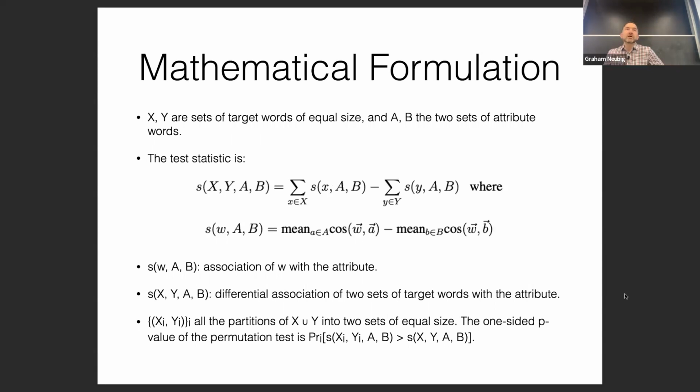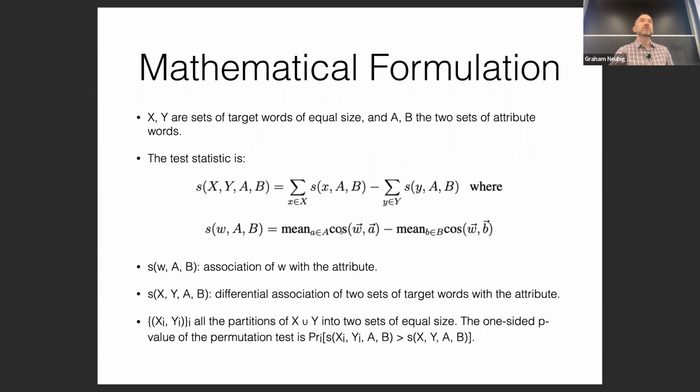The mathematical formulation is that X and Y are sets of target words of equal size, and A and B are the two sets of attribute words, where the test statistic measures whether the difference in similarity to the attribute words is any different between the two sets of target words.